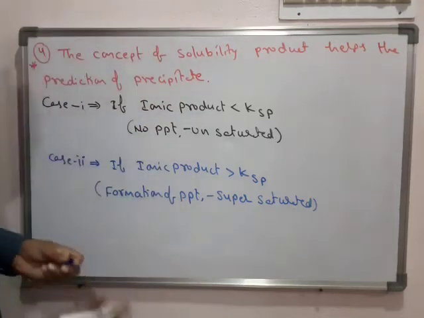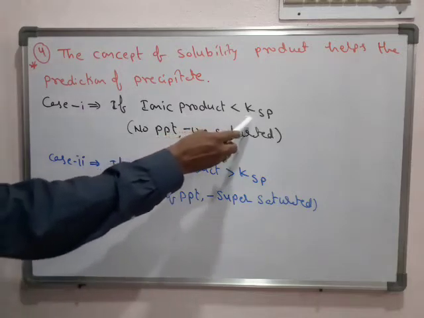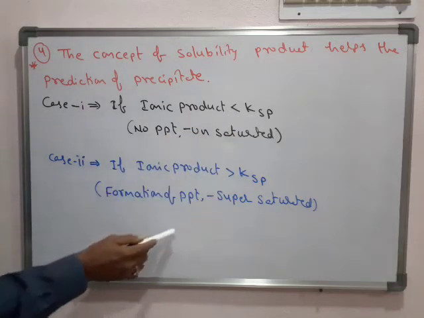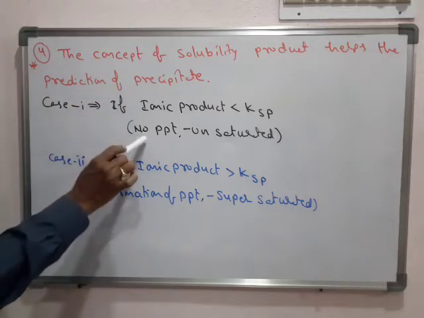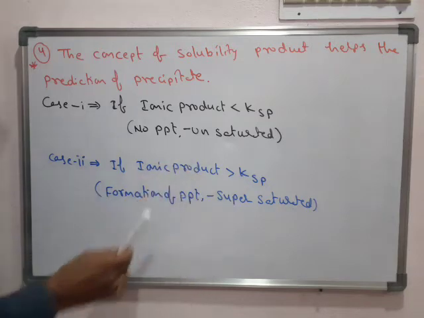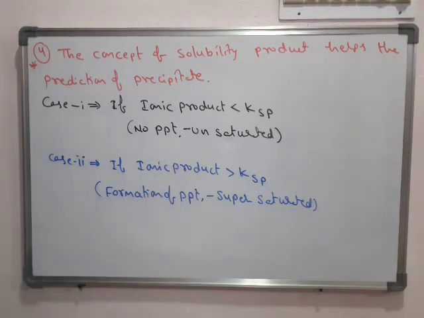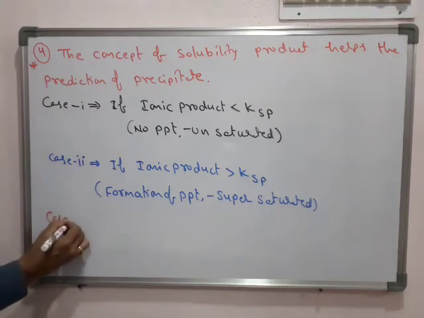Okay, means by comparing the ionic product and the KSP values, we are able to predict whether there is a formation of precipitation or not, and whether it is a saturated, unsaturated or supersaturated solution. There are rarely other cases also.